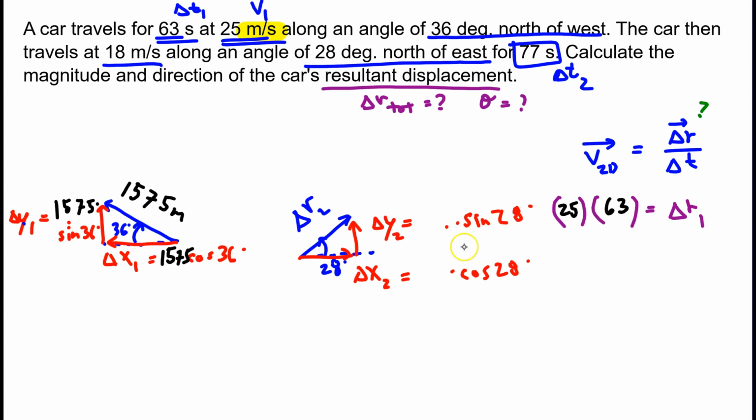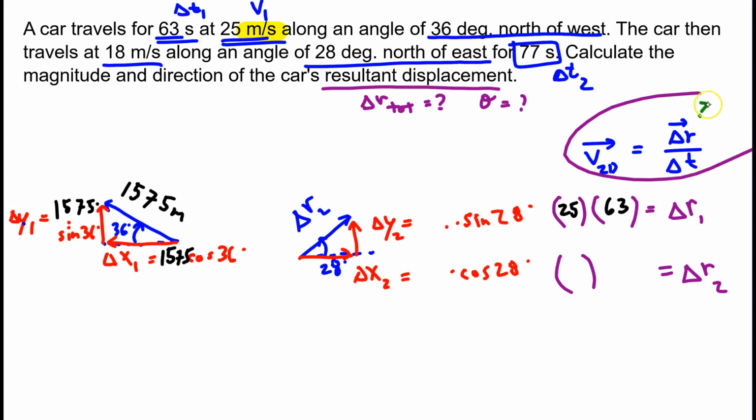Okay, and over here, what do I need? The same equation. This is a delta r. So let me find the second delta r. Again, I cross multiply from this equation. The way we find delta r is by multiplying velocity times time. So what is the second velocity? 18, that's velocity.